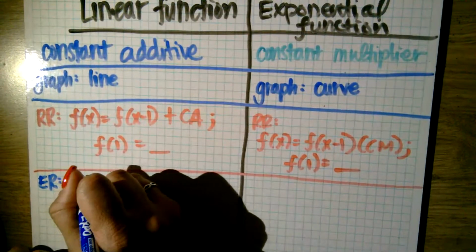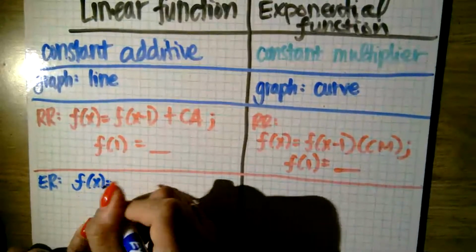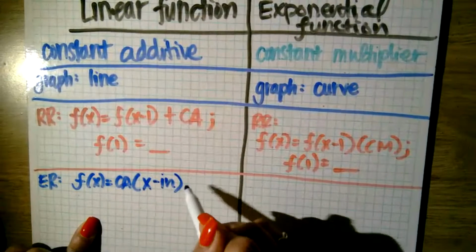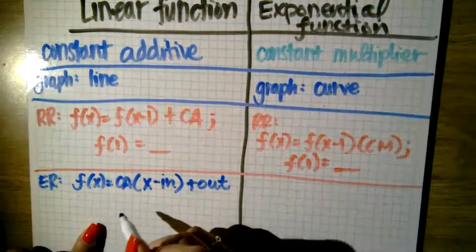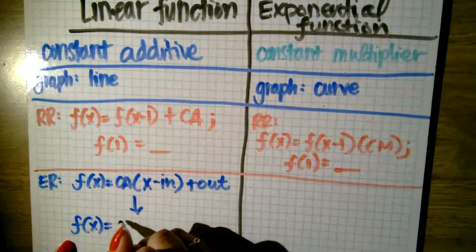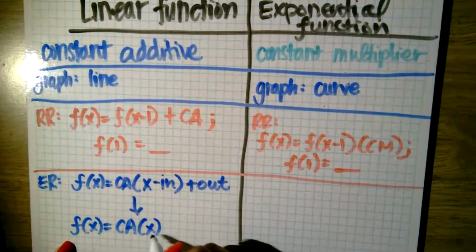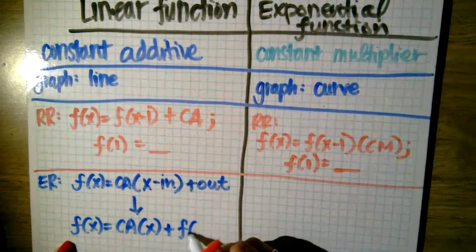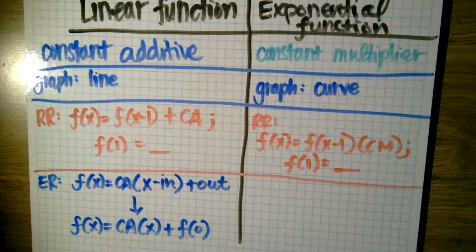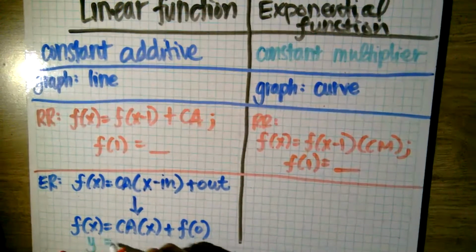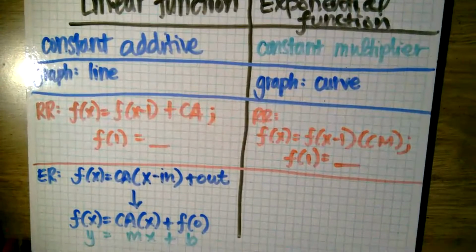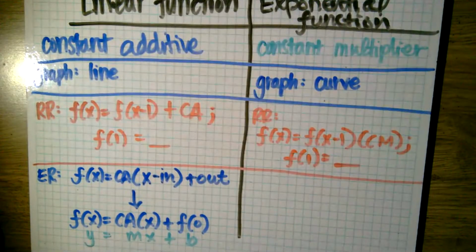So the first one again is f of x equals constant additive times x minus in, plus out, which when simplified looks like this: f of x equals constant additive times x plus f of 0. This is just y equals mx plus b right here. F of 0 is the y-intercept, by definition of functions.